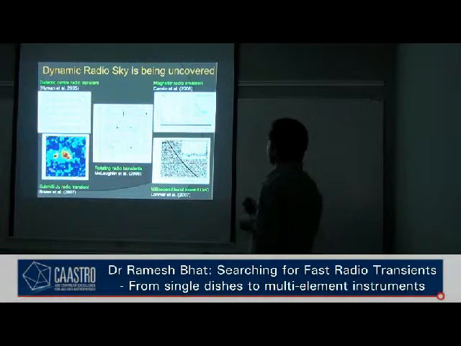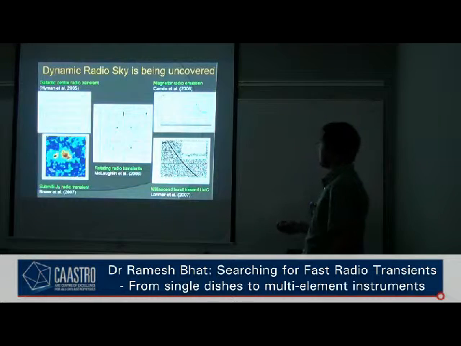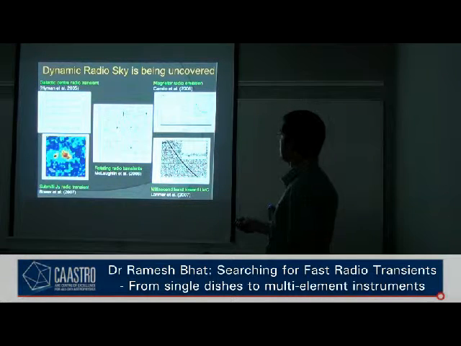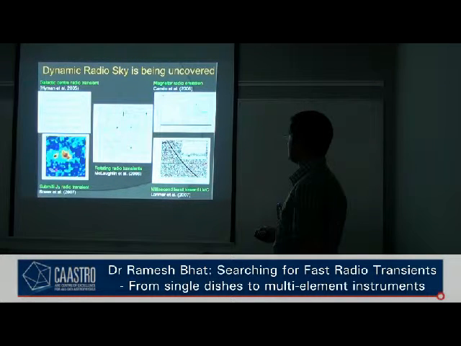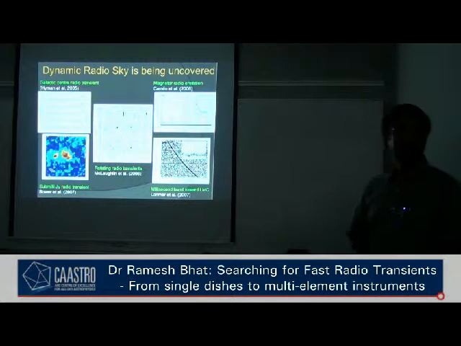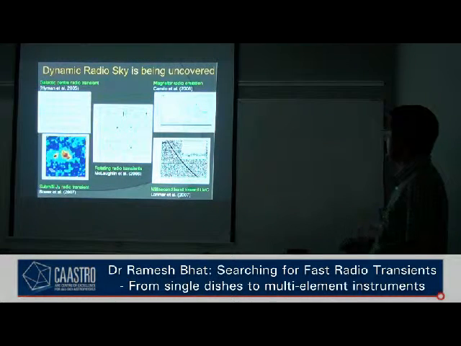Anyway, just to highlight a few important discoveries of recent years, and some of you may know this: the Galactic Center Radio Transient, which shows some sort of quasi-periodic emission, and the VLA archival data, the reprocessing of which revealed some faint millijansky sources, where it's still not quite clear what is going on.